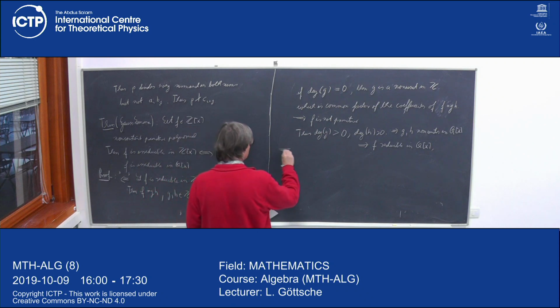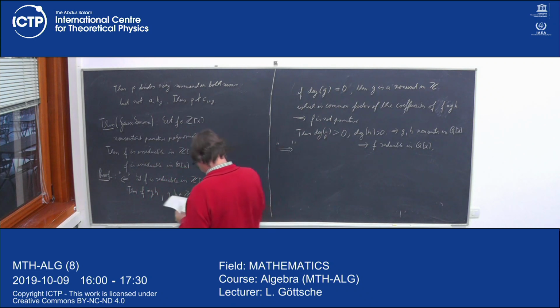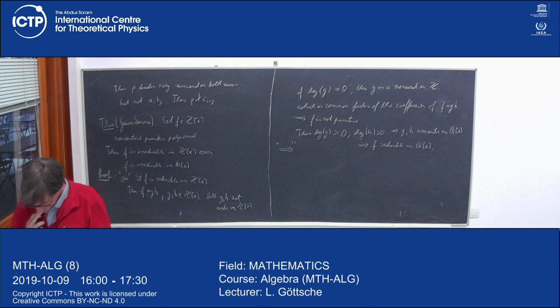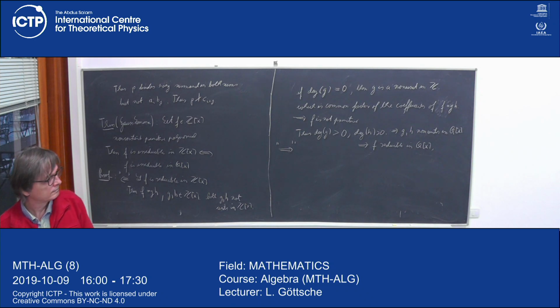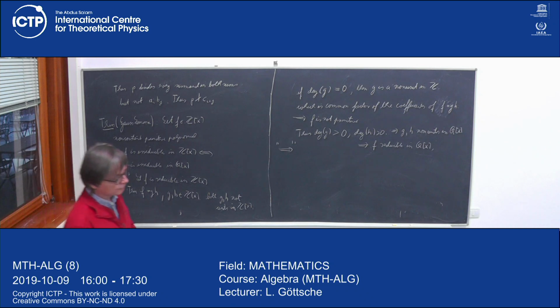And now let's look at the other direction. How does the fact that the degree of G and degree of H are positive imply that G and H are non-units?